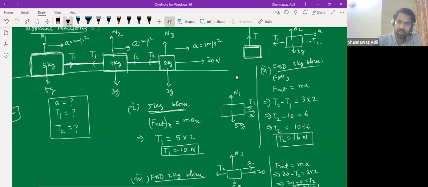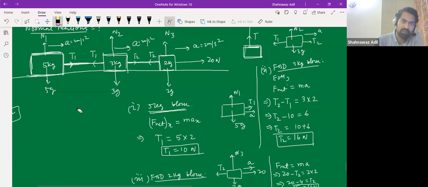Can you explain the 3 kg one again? Okay, good. Whenever you have a doubt, please don't keep it with yourself. So we have this 3 kg block.